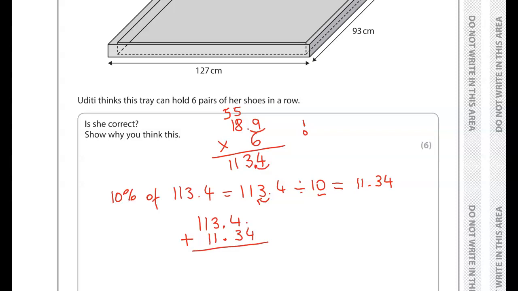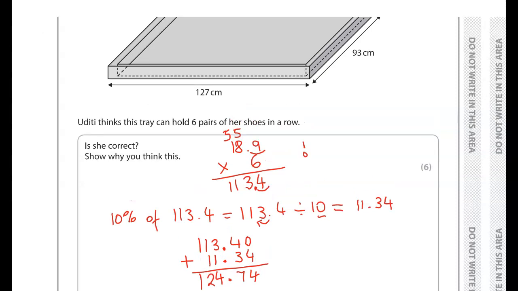So there is no digit here. I could put a 0. It doesn't make any difference if it's after the decimal point and at the end. So we're going to go now 0 and 4 gives us 4, 4 and 3 gives us 7, 3 and 1 is 4, 1 and 1 is 2, and the 1 there.